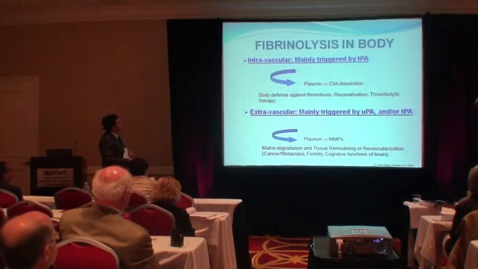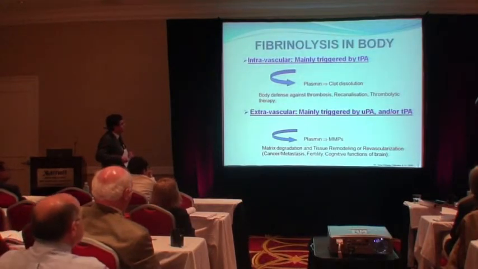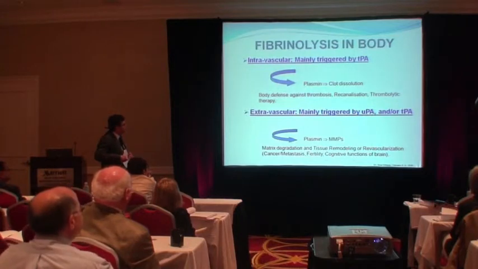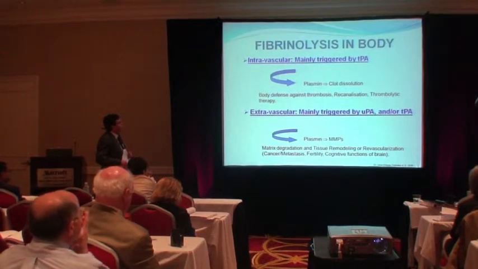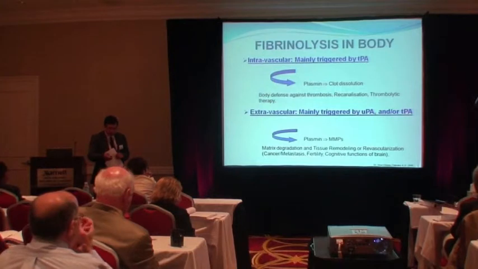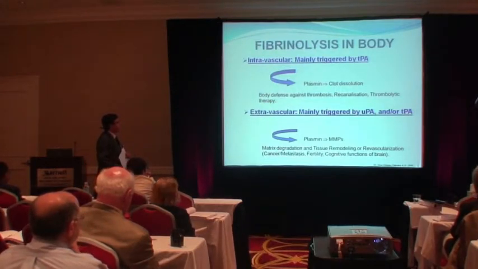So therefore, in the body, fibrinolysis is mainly triggered by TPA, which induces clot dissolution, and it is therefore a major body defense against thrombosis, allowing recanalization, and we use the capacity of TPA to dissolve clots by activating fibrinolysis in thrombolytic therapy.